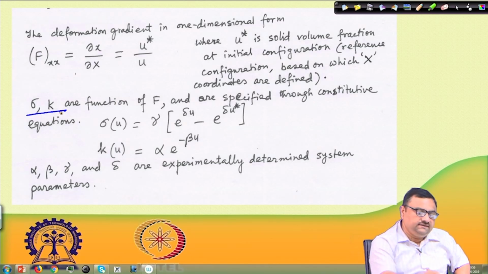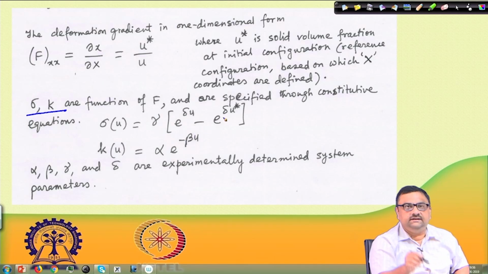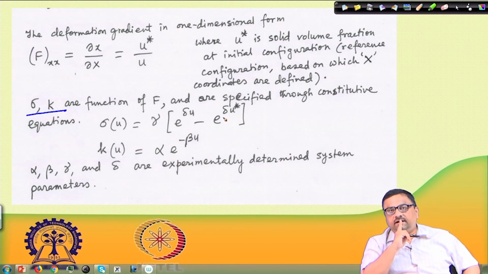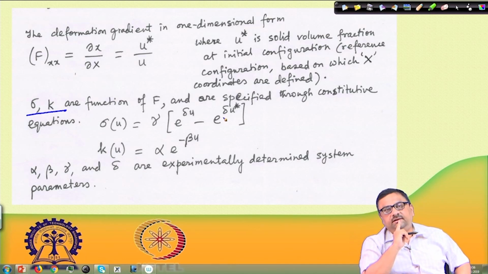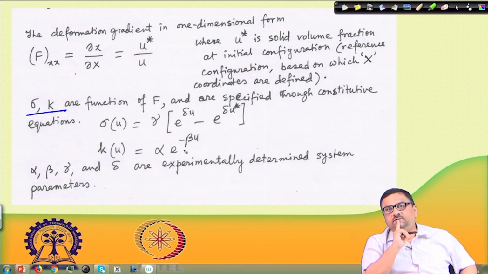Here you can see sigma as a function of u, which is essentially sigma as a function of f, is equal to gamma e to the power delta u minus e to the power delta u star. Here gamma and delta are experimentally determined system parameters. Similarly, the permeability is alpha e to the power minus beta u.